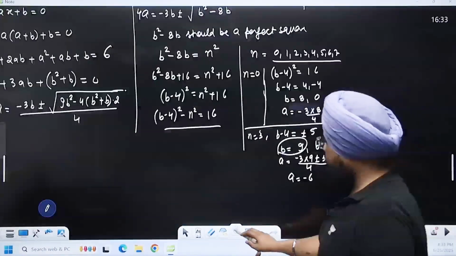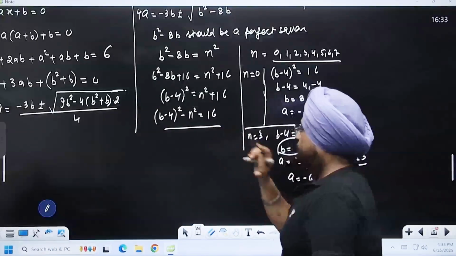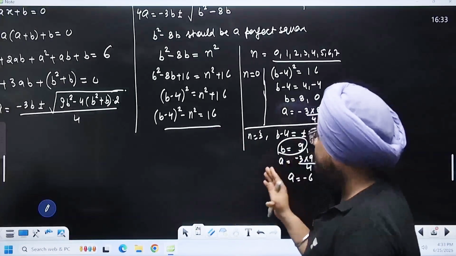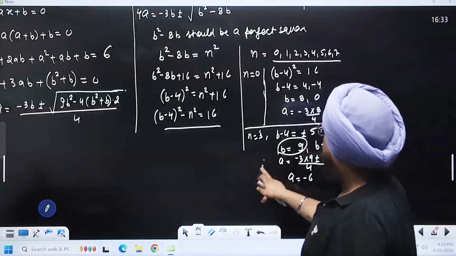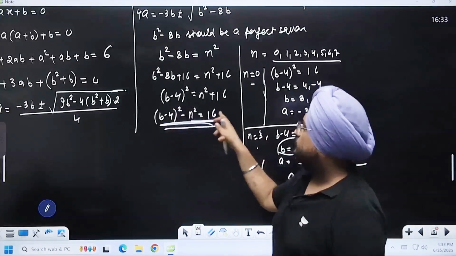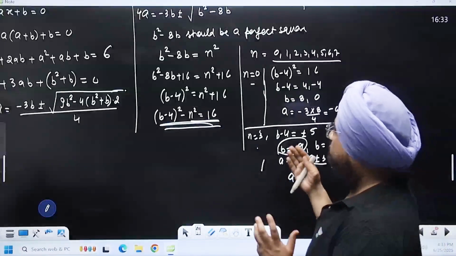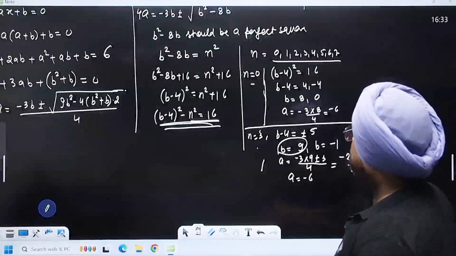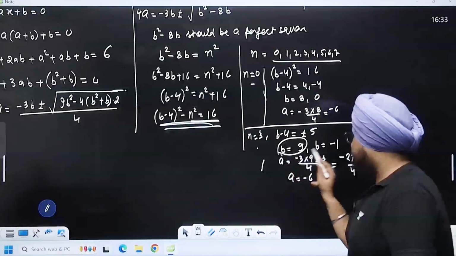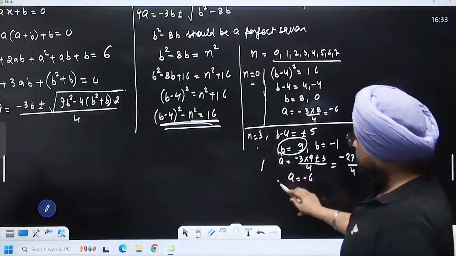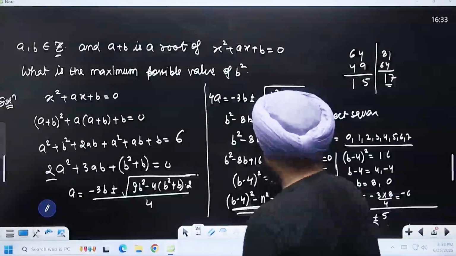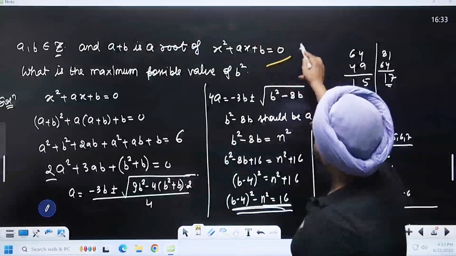Let's check more of the values. For n equal to 4, not possible; 5, not possible; 6, not possible; 7, not possible. So only for n equal to 0 and 3, b minus 4 whole square will be a perfect square, the square of an integer, and from that we have seen that the maximum value of b is 9. So the maximum possible value of b square, the answer will be 81.